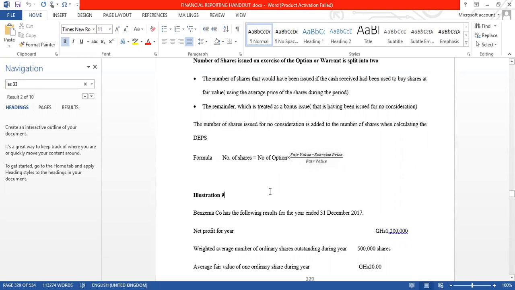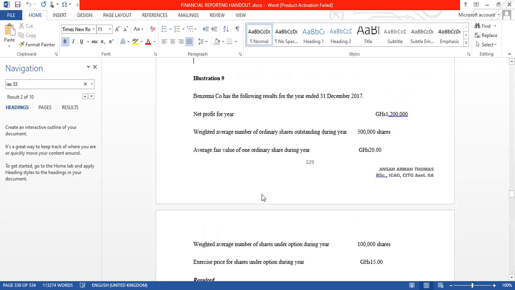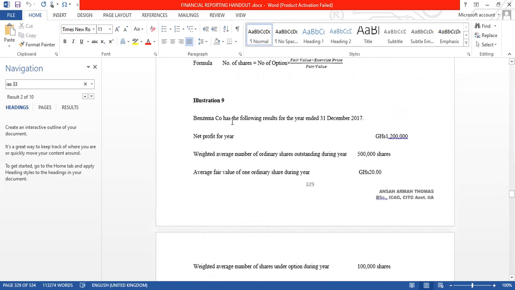If you check this illustration, you see Benzema had the following. You have your net profit and weighted average number of ordinary shares outstanding during the period. You remember that this is what you use to calculate your basic EPS.